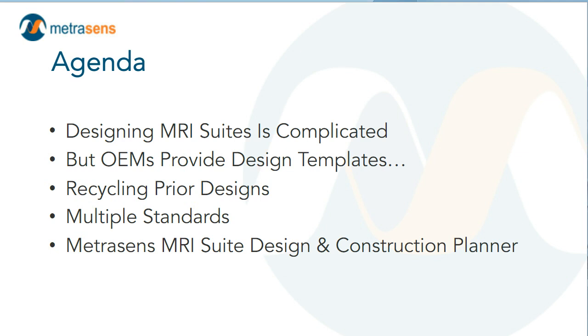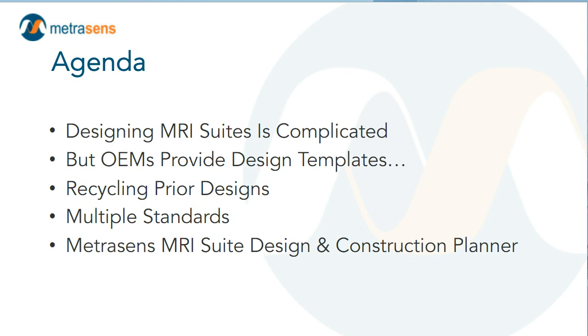The third one will be, wait a second, we've got a plan for an MRI that we did some time ago, right? I mean, an MRI is an MRI is an MRI. We can just reuse those existing plans, can't we? Then we're going to talk about some of the multiple overlapping and sometimes conflicting standards that really guide the design and construction of MRI facilities.